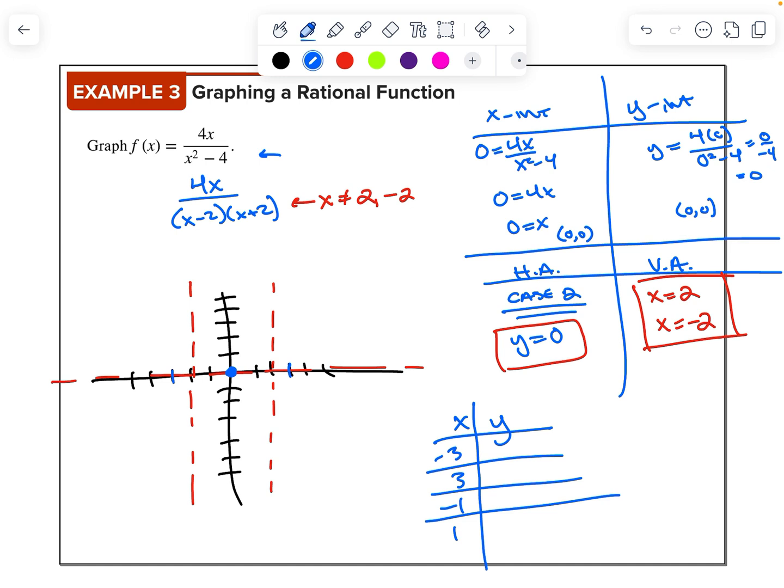So negative 3, and I'm typing in my calculator, parentheses, 4 times 3 divided by parentheses negative 3 squared minus 4. And I get negative 2.4.